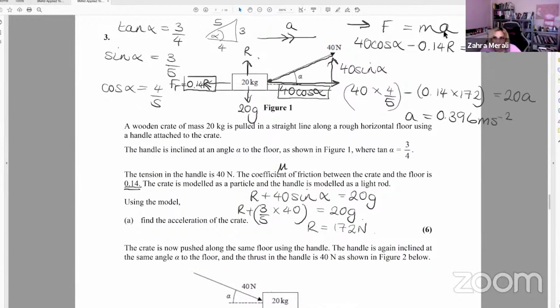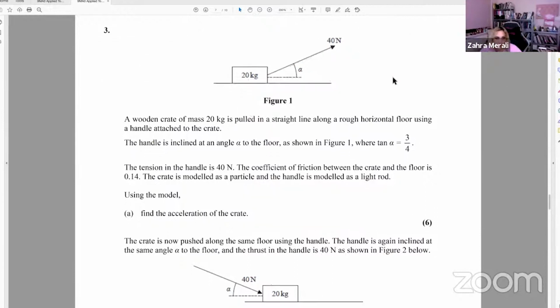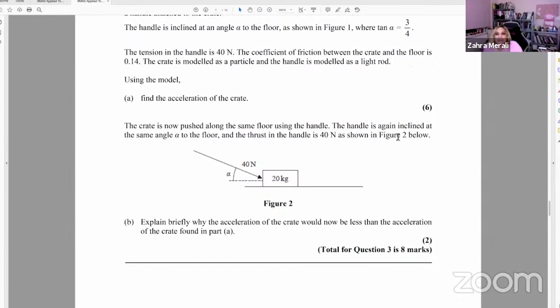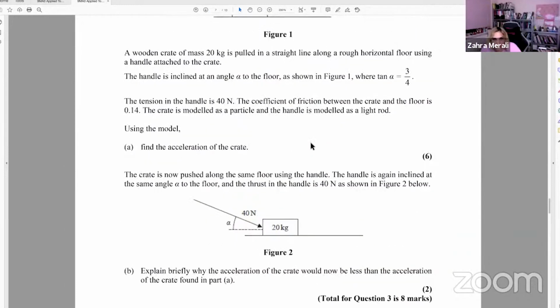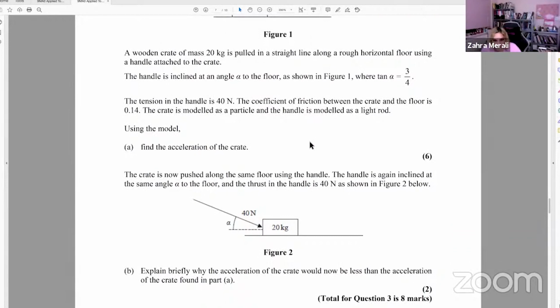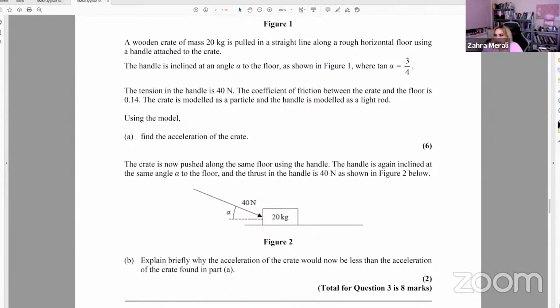Okay, so the crate is now pushed along the same floor using a handle. The handle is again inclined at alpha, and the thrust is still 40. Was it 40 before? Yeah, it was tension before because it was pulling away. Okay, so if we're going to push, what's going to change?